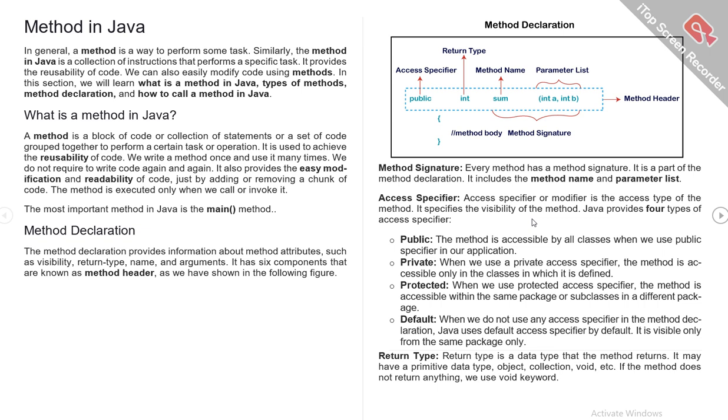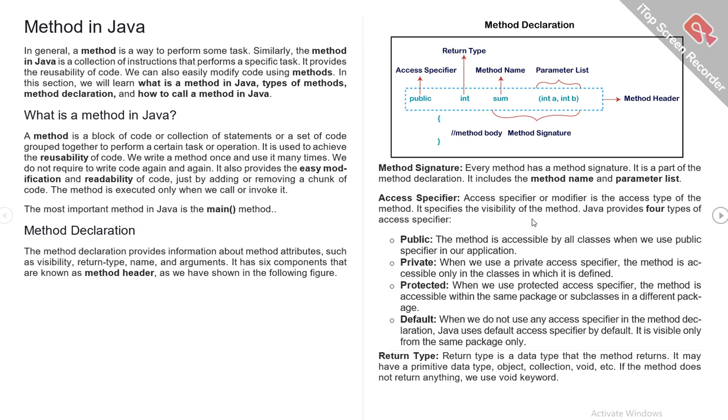Method declaration: public int sum(int a, int b). Public is the access specifier, int is the return type, sum is the method name, and then the parameter list int a, int b. So public int sum(int a, int b) is the method header, and then the method body.